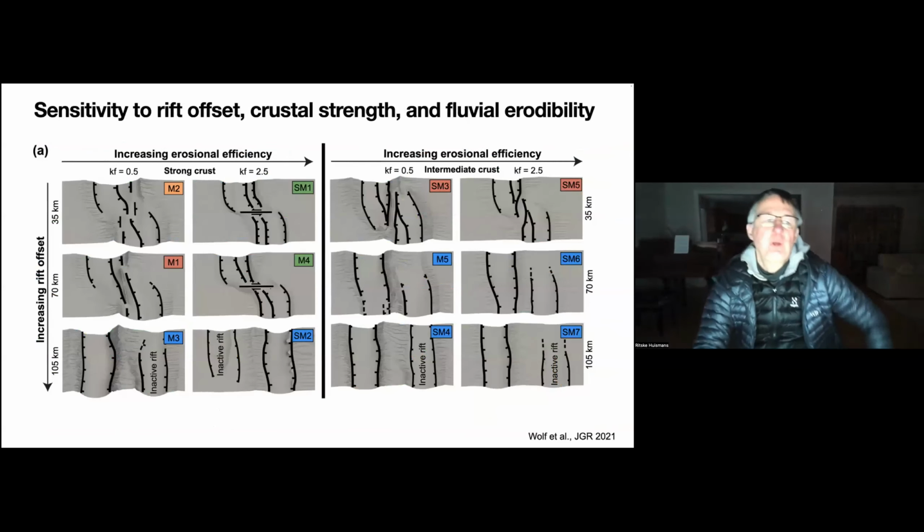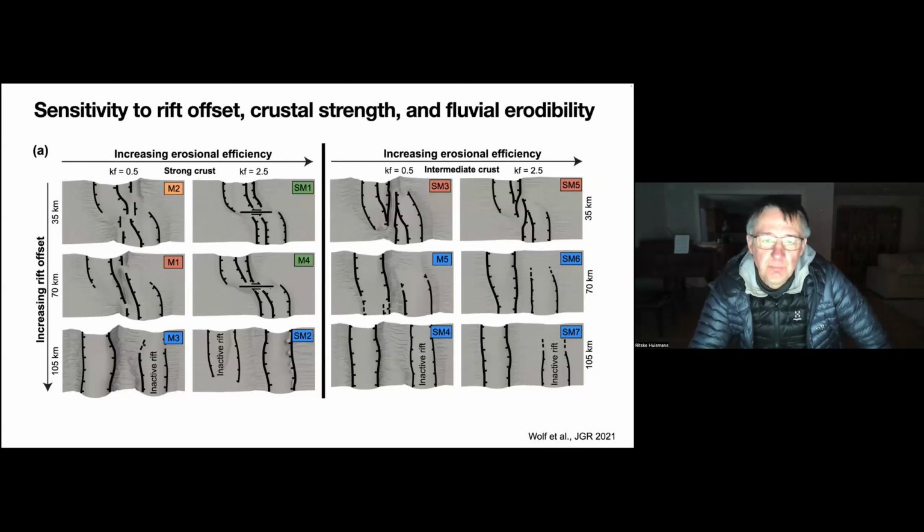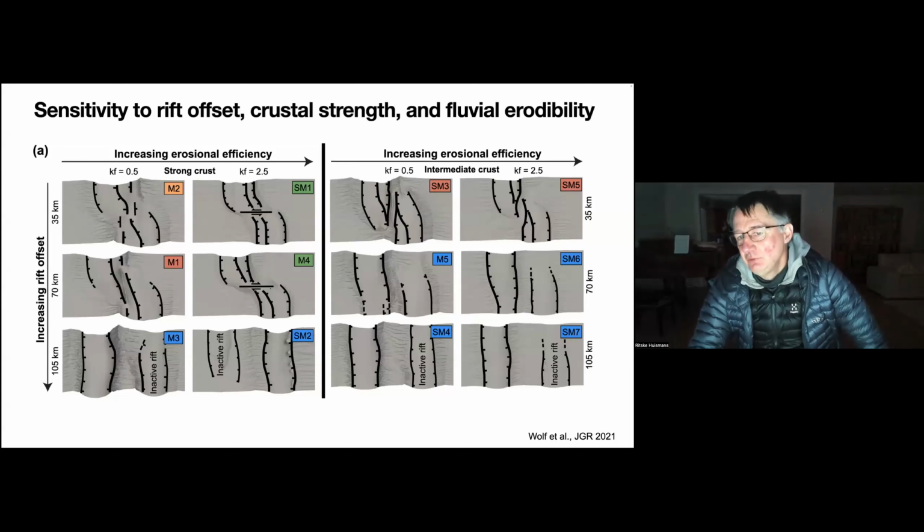Here's an overview of all the models that are part of this manuscript. Model 1 and Model 4 here on the left are the ones that I just showed. If we increase the offset, if we, for instance, go down to Model 3 and SM2, we see that basically there's no linkage and one of the branches basically wins. But interestingly, if we lower the strength of the crust, we also see that the rifts don't link as efficiently.